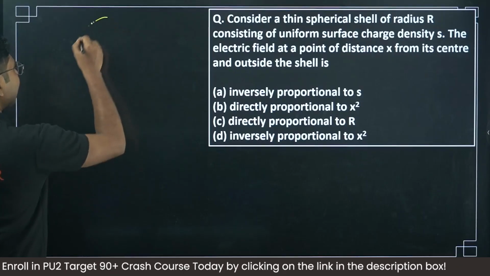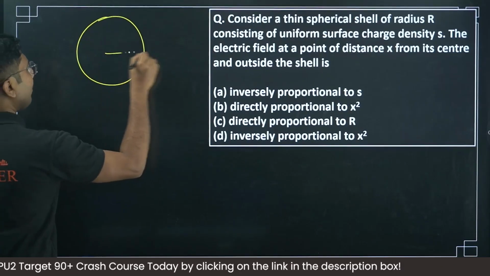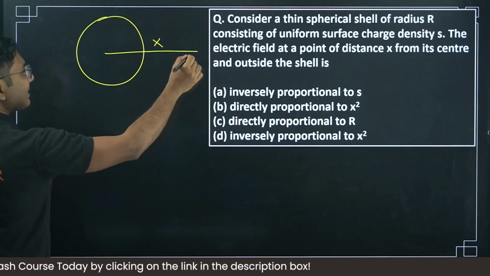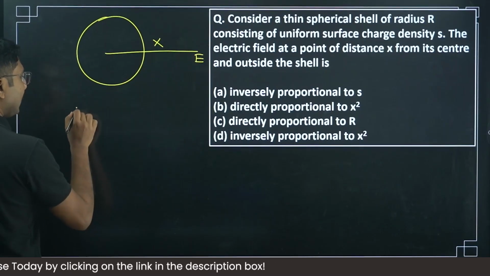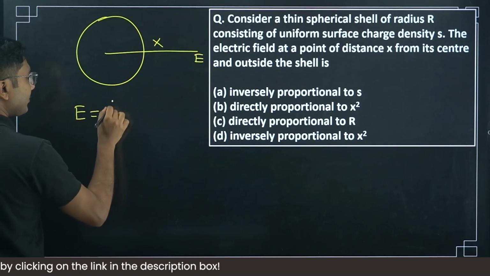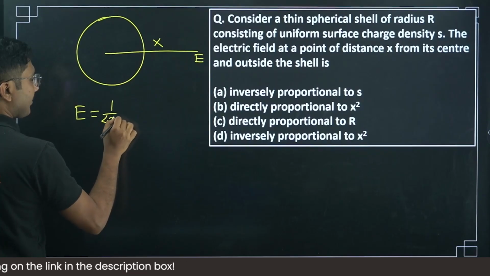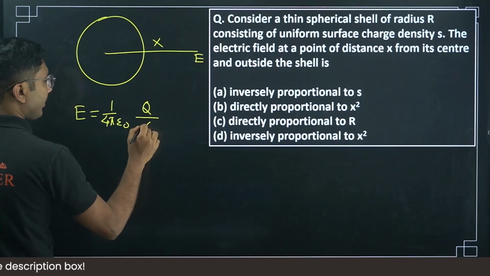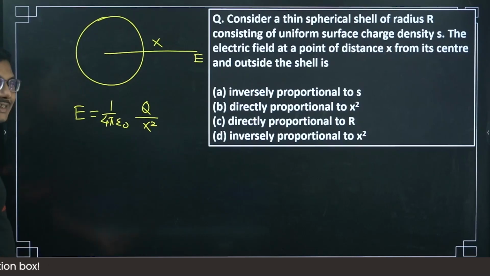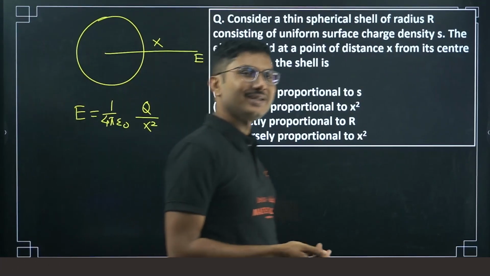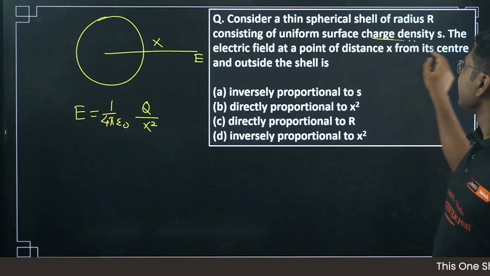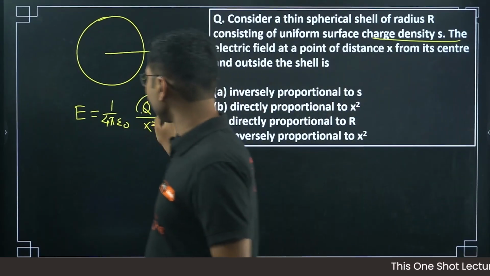So we have a shell, we have a point at a distance x which is outside. So what is the electric field at this point? Electric field at this point is 1 by 4 pi epsilon naught q by x square. Now this is simple. Even though I said this is a difficult question, it is a simple question. The only thing is they have mentioned that surface charge density is S instead of Q.